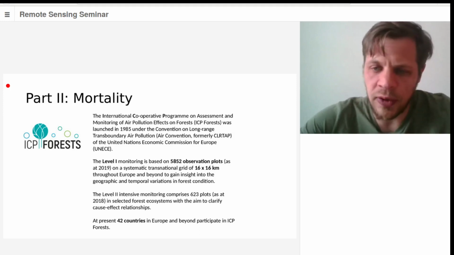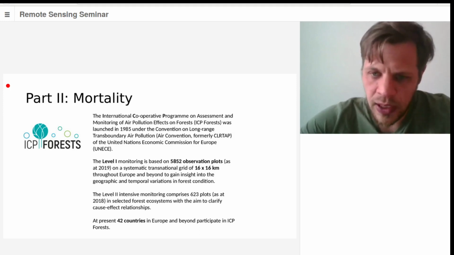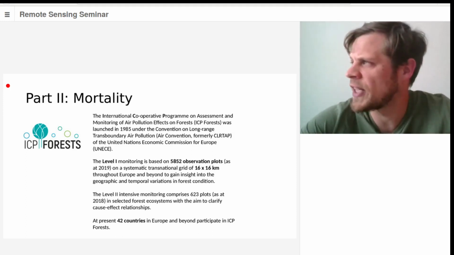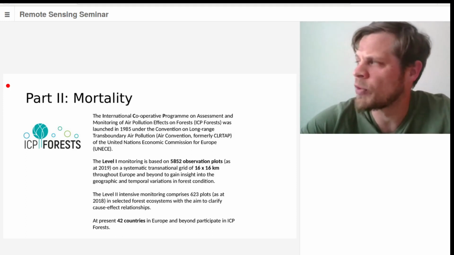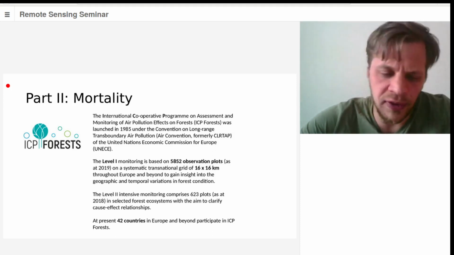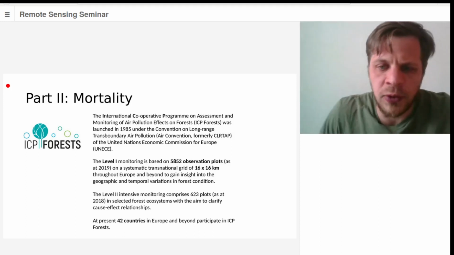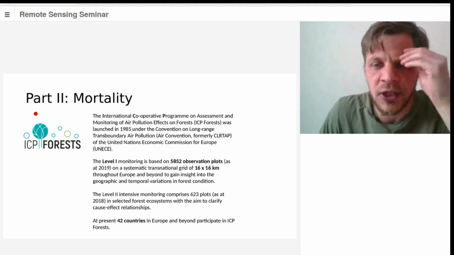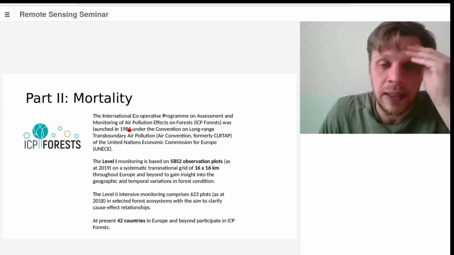The reason was that maybe you remember that in the 80s this forest decline appeared in Europe, which was mainly related to these power plants in Eastern Europe, which produced a lot of emissions, and these emissions damaged the forest. So they wanted to install a long-term monitoring system in order to monitor crown defoliation and some other things as well.